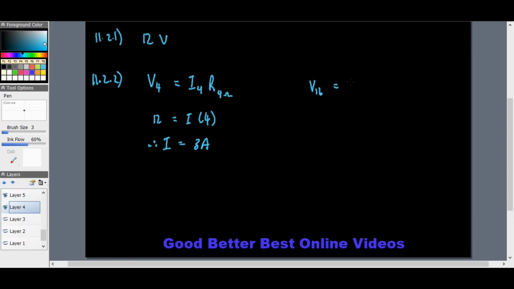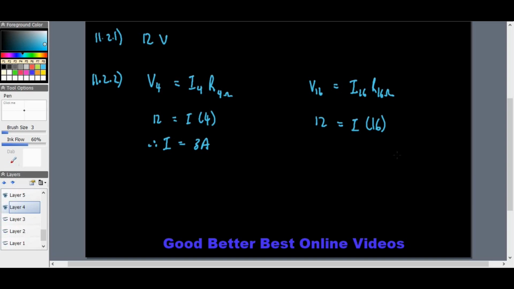Same formula. We just specify these little subscripts to help us realize which resistor we are working with. So it's still 12, that's the current times 16. And if we divide both sides by 16, let me check. I think my maths in my head is correct.